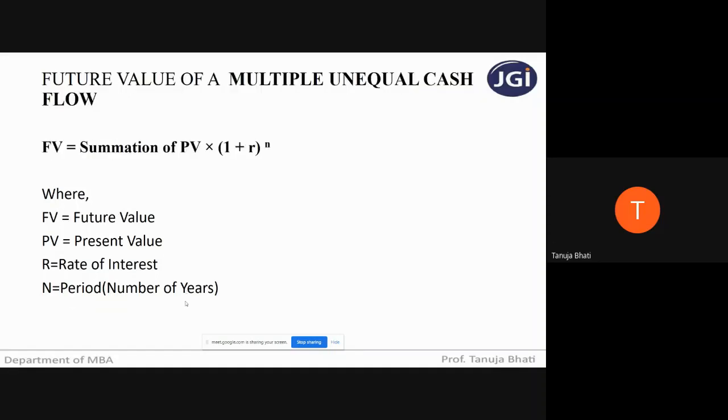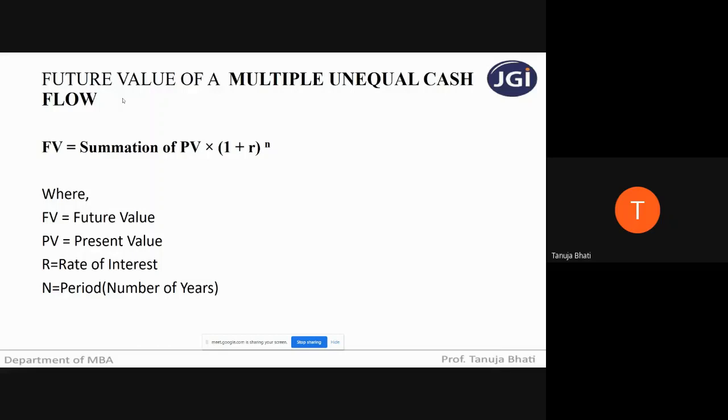Next, how to calculate future value of multiple unequal cash flows. So students, suppose 3 years is given, and the first deposit was 15,000, the second year deposit was 20,000, and the third year deposit was 25,000.